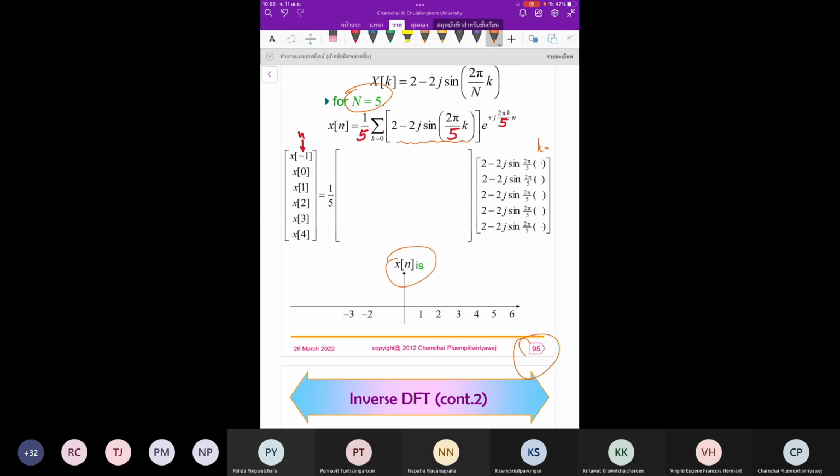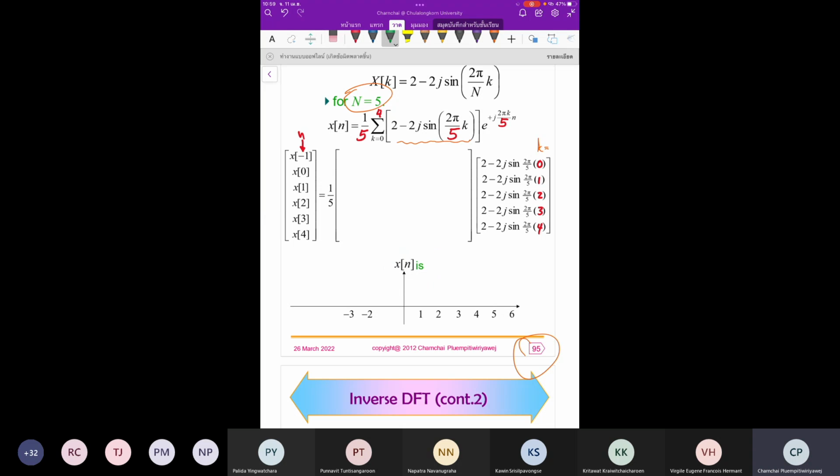K must be from 0 to N minus 1, which is 4, so k would be 0, 1, 2, 3, 4. That's the k. This is 2 minus 2j pi 2 pi over 5 times 0, 1, 2, 3, 4. And this matrix is supposed to be this one.